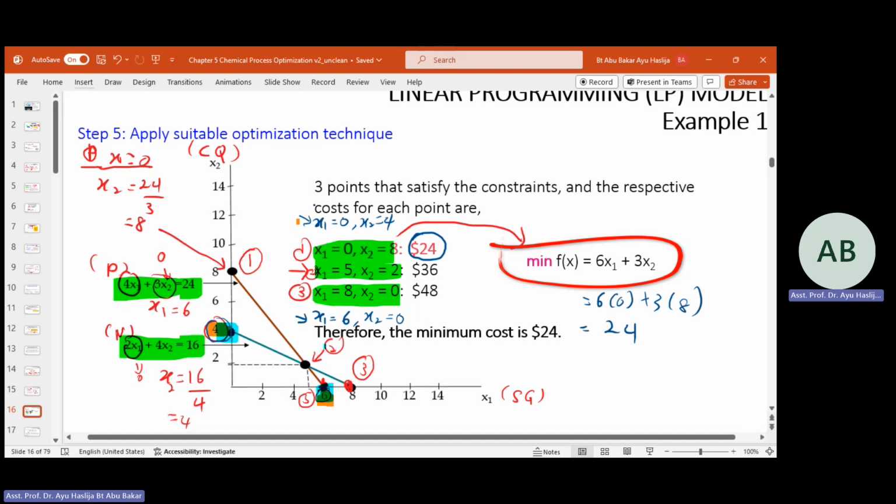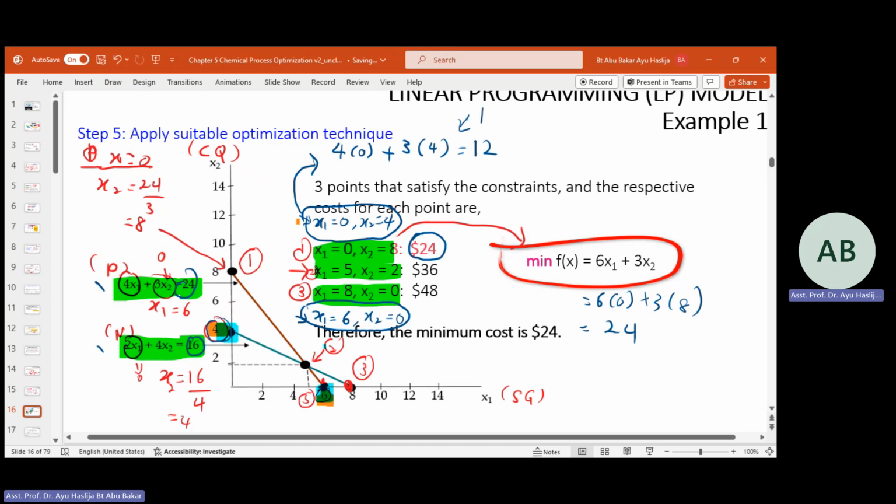Correct. If you substitute these values back into the constraint equation, you will not fulfill the constraint. For example, the first point over here, X1 is 0, X2 is 4. We put it into the phosphate constraint equation: 4 times 0 plus 3 times 4 equals 12.